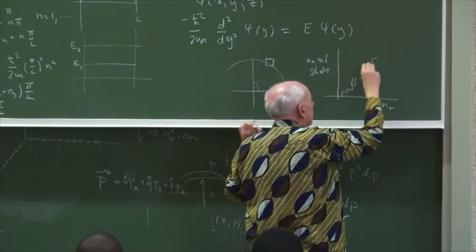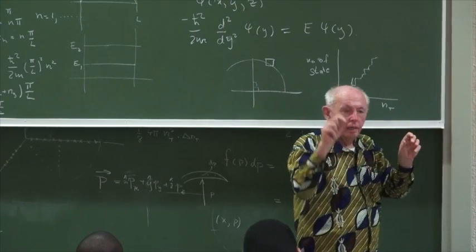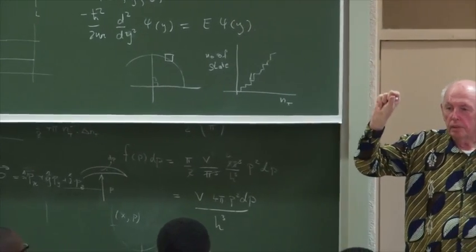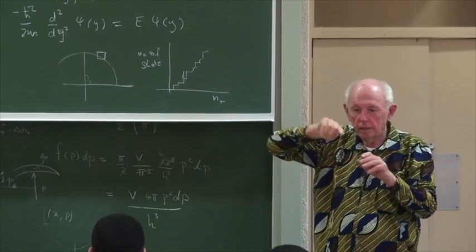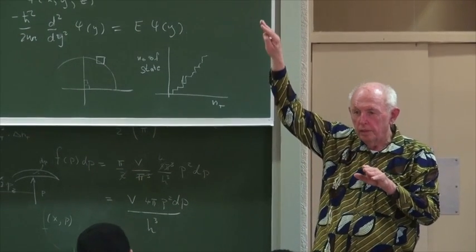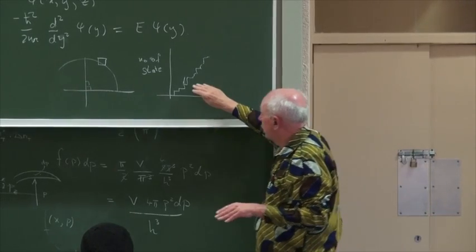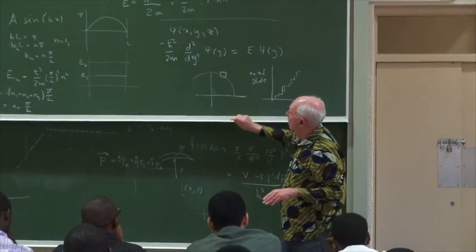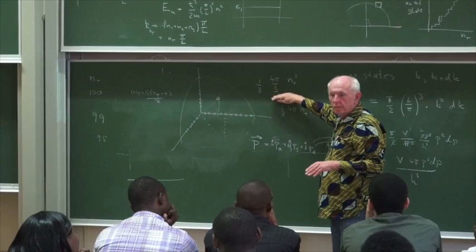And if you make NT bigger and bigger, the steps will be less and less important. There will still be steps, but I can draw a smooth line through that. And that smooth line, which is the number of states, will be equal to this.